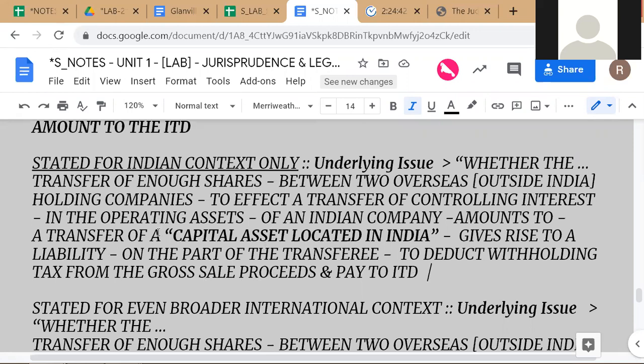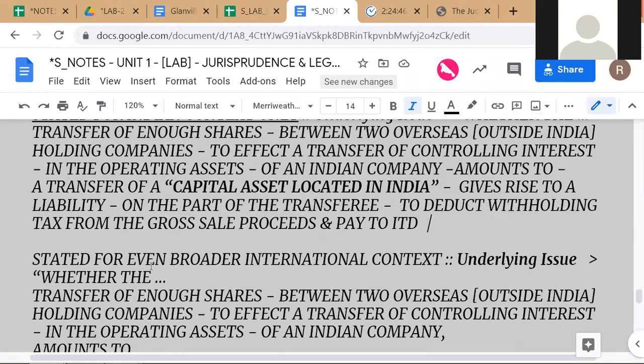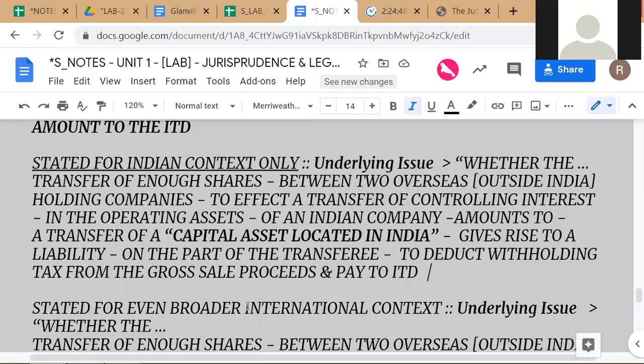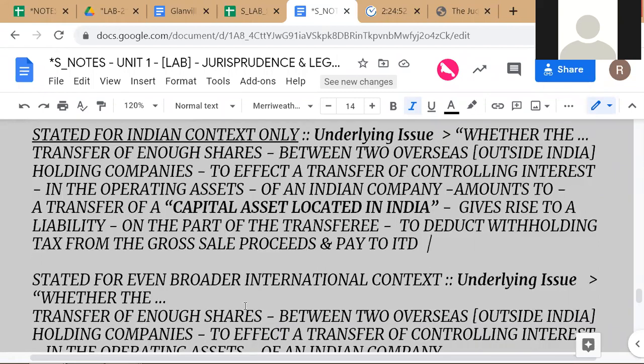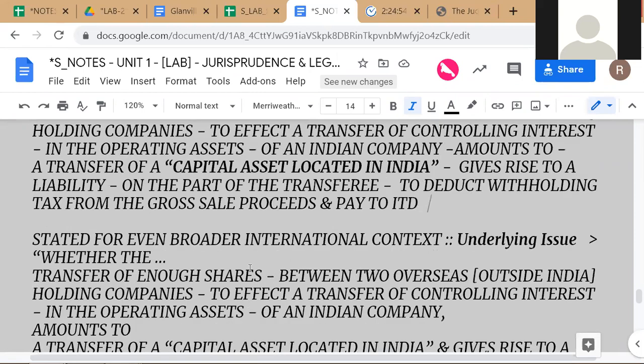Now we can make it even more general and state it as an international tax law principle, to state the underlying issue as a principle of international tax law. In that case, you want to strip out this language, because it is specific to the Indian Income Tax Act.